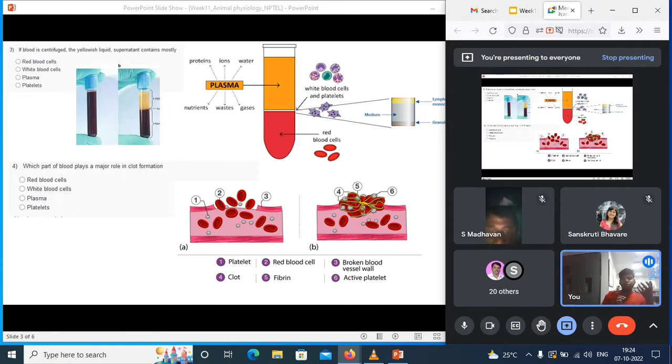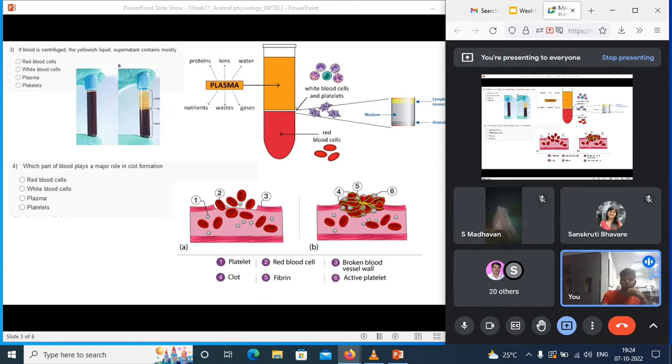Okay, so if I make this image clear, you can find that there is a gap, the blood vessel is broken, there is a gap in the blood vessel, so that the RBCs and platelets just ooze out.